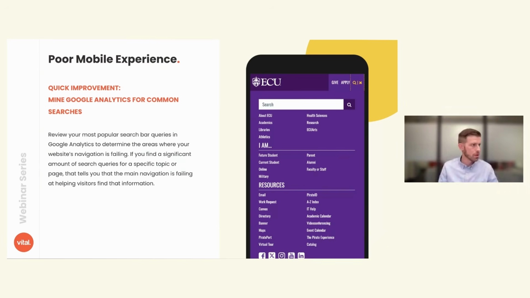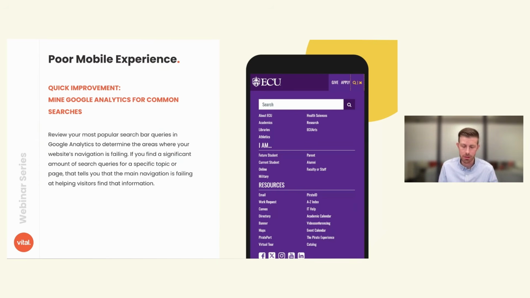So if you go into your Google Analytics and look at the search queries that people have typed into your search box, and it says a certain program. Okay, well, if you have that program, but people are continually searching for it, that might be a great sign that your navigation is structured in a way that people can't find it.